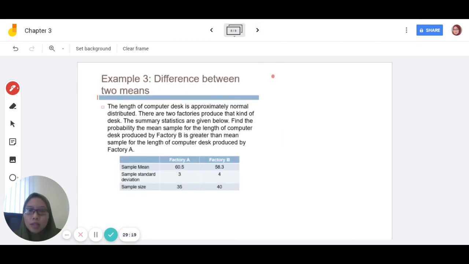Okay, let's look at this example. This is the difference between two means. The length of computed dust is approximately normally distributed.